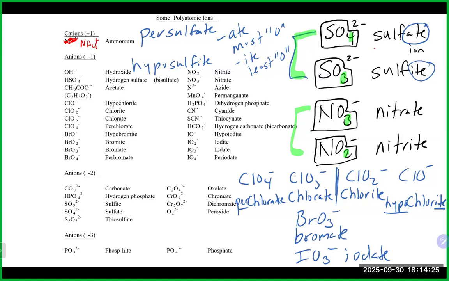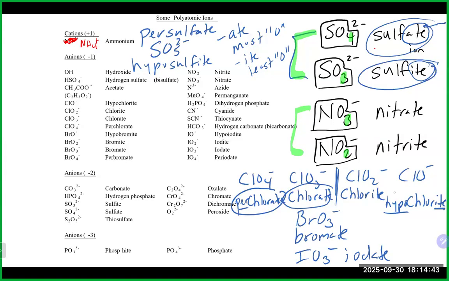Well, this is chlorate, and that is perchlorate. That is sulfate, so persulfate should have more oxygens or less? More, yeah. So you just pop an extra oxygen on there. Everything else stays the same, right? There it is. And this is sulfite, right? That is chlorite, and that is hypochlorite. So hyposulfite would have SO2, 2 minus, yeah?